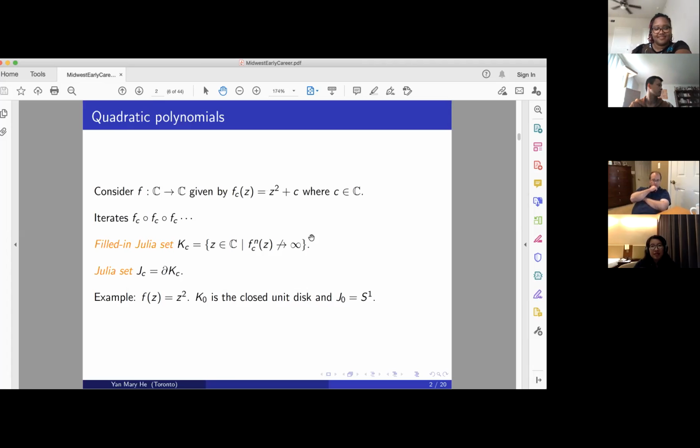Because the modulus of those numbers is smaller than 1. And the Julia set for this polynomial is the boundary of the closed unit disk, namely, it is the unit circle, right?